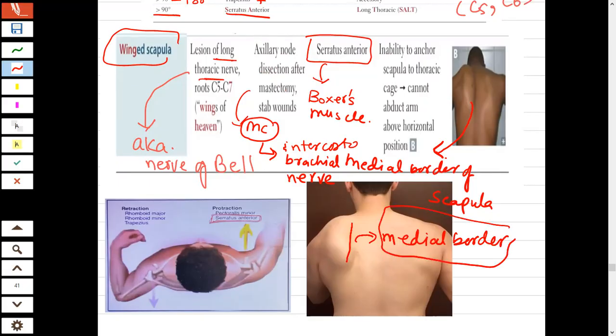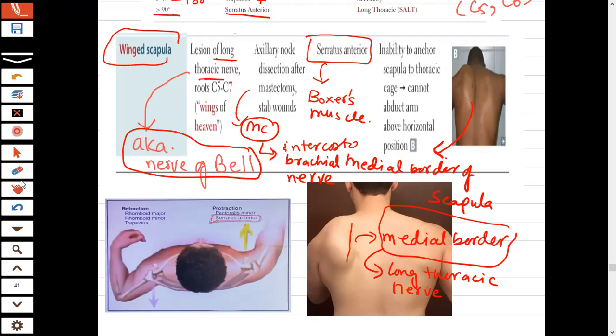So if they give you a scenario like this, it means that this is the lesion of your long thoracic nerve, which is also known as the nerve of Bell. Okay, ये बहुत important MCQ है. You must remember.